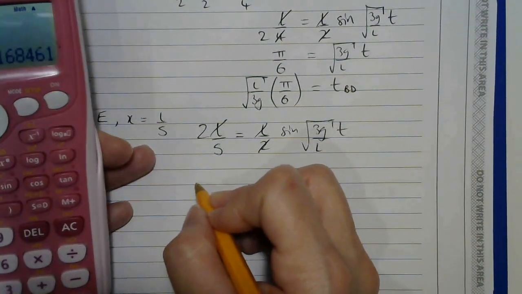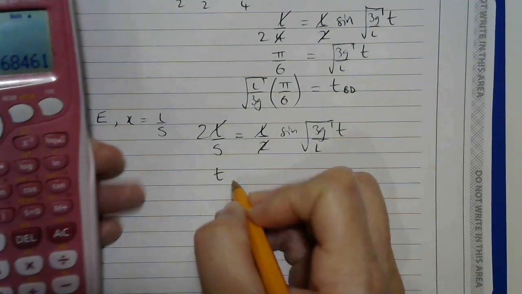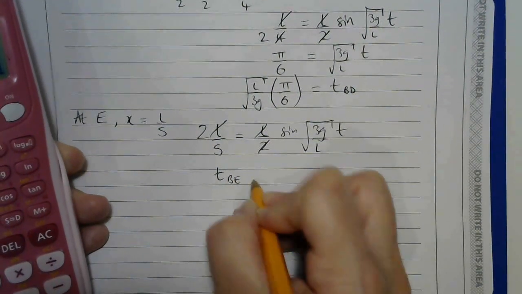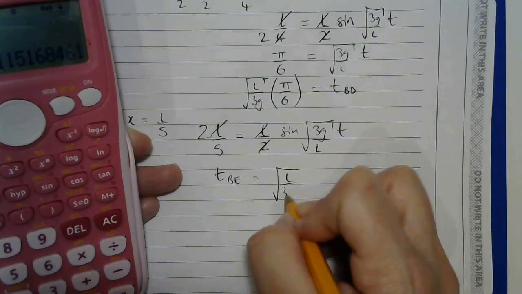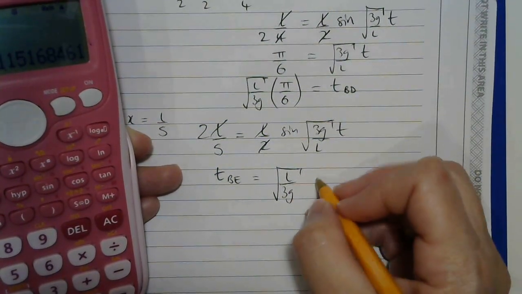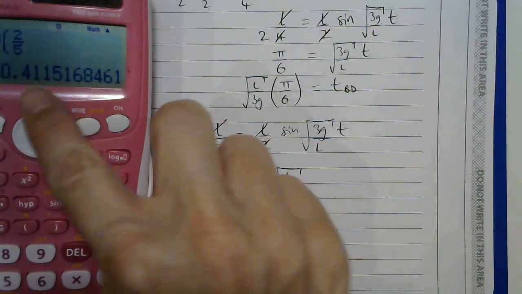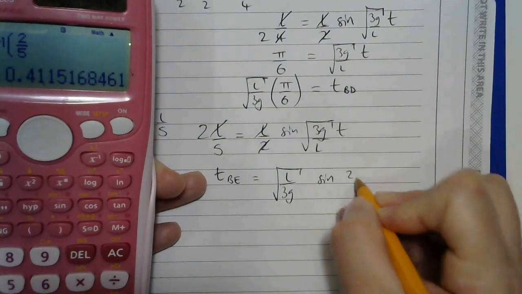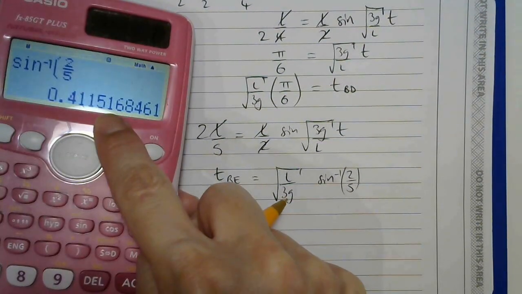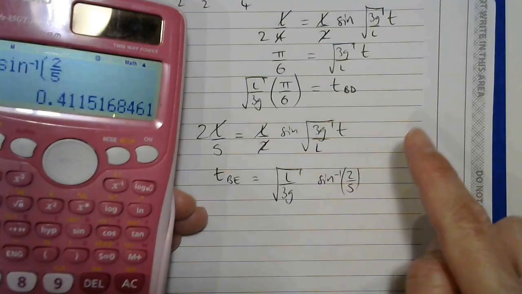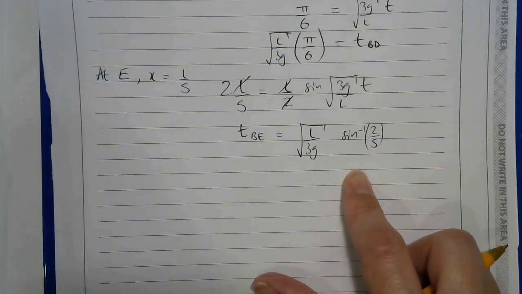So then I would have that this time to get from B to E is going to be root L over 3g multiplied by inverse sine of 2/5, which is this 0.4115 value.